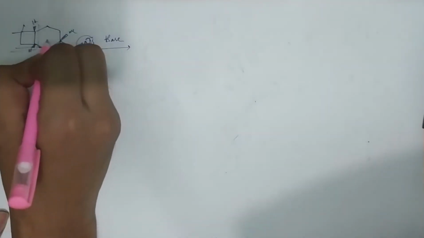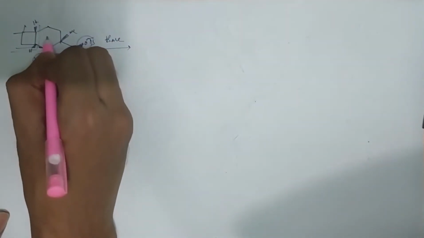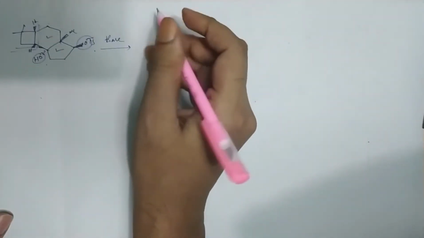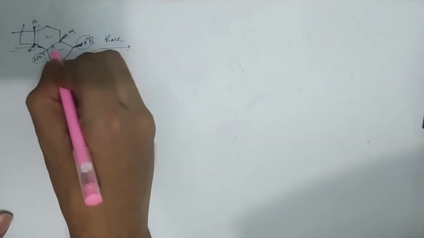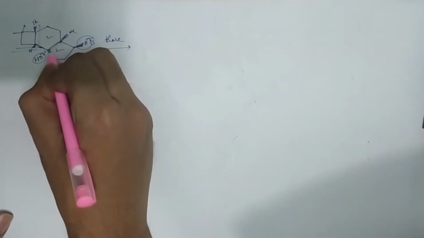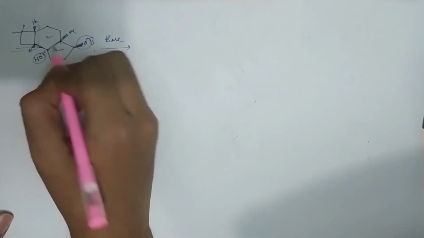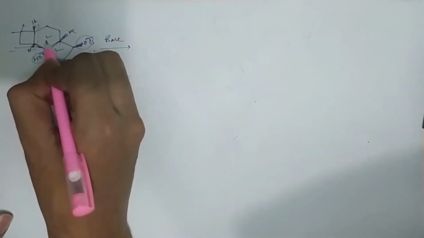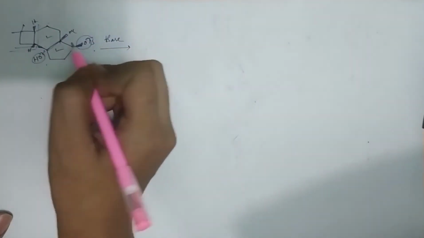So we will just write in the chair conformation the 6-member ring with the 5-member ring attached to it. So let's draw. At first we will see that this junction is trans because this is up, this is down. So we will draw trans, not cis Decarin, because this is 6-member, this is 5-member. So let's see.